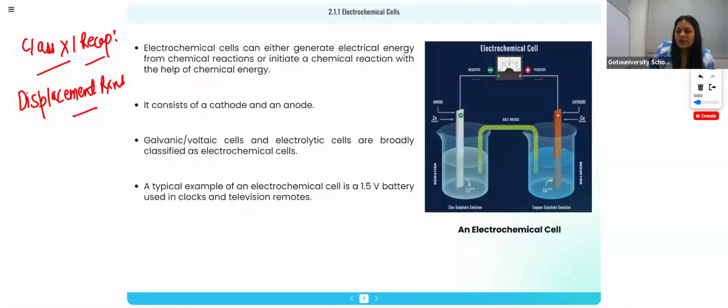Displacement reactions are where two ions compete with each other, okay? They react with each other, and the ion that tends to be highly reactive displaces or replaces the other ion by pushing it out of the system, right?